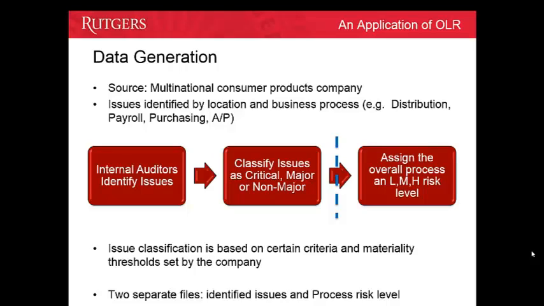They categorize those issues, and then they give an aggregate score for the overall process, and then assign an overall risk level of low, medium, or high. Now, the classification of each issue is based on certain criteria. They usually take into consideration materiality, the dollar amount, etc. Those are internal criteria set by the company.